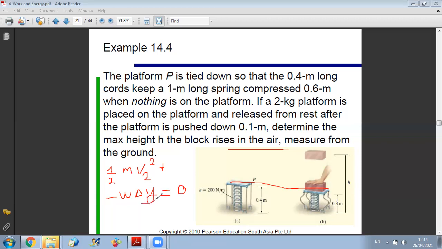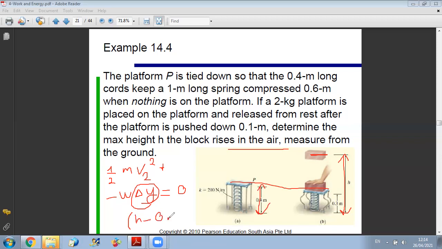Now, what is delta Y in this equation? I have Y3 minus Y2. Y3 is equal to H, Y2 is equal to 0.4. So delta Y is H minus 0.4.